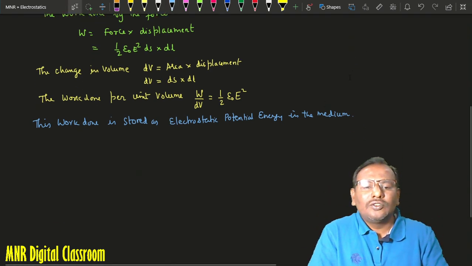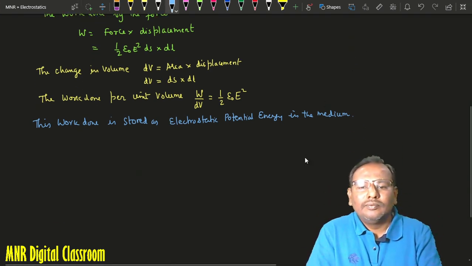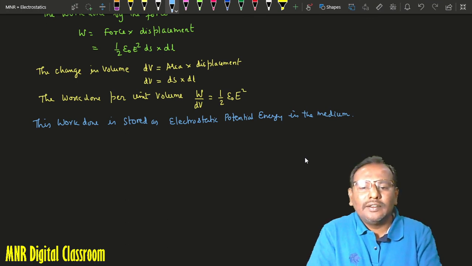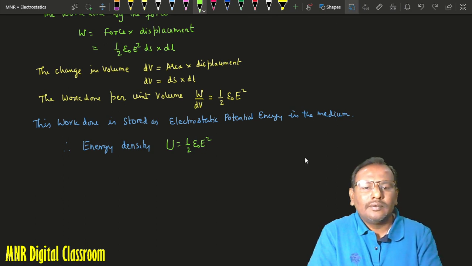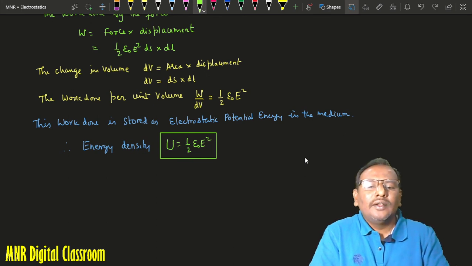This energy stored per unit volume is called as energy density. Therefore, energy density U is equal to half epsilon naught E square. This is the expression for energy density.